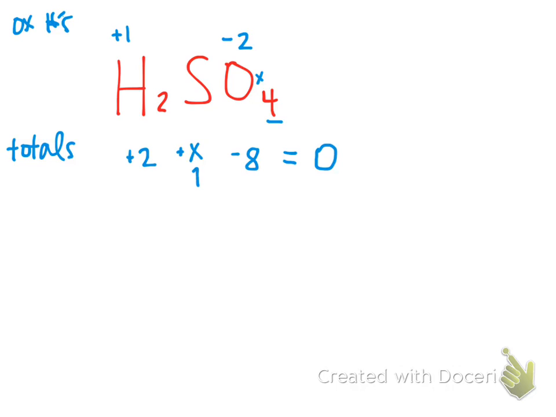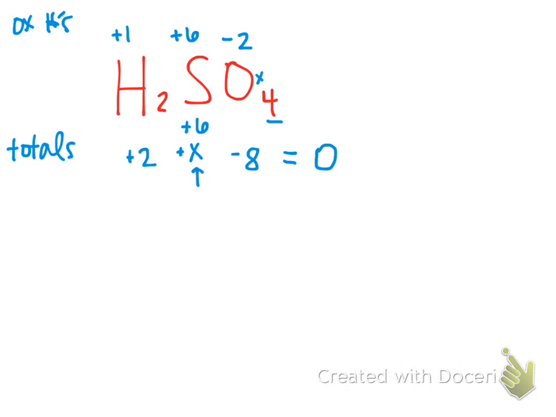What does this x value have to equal? +6 or -6? +6, so +6 has to go here. Now, how many sulfur atoms have to split that +6? Just 1. So sulfur's oxidation number has to be +6. Oh, so you just bring it up? Yeah, we just bring it up because this is a 1 here. We would multiply it back up, or divide it really, but we don't have to.